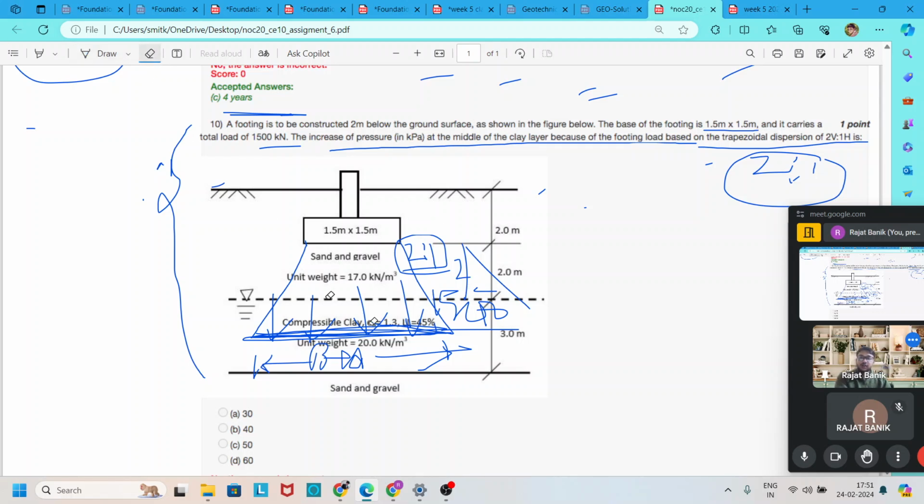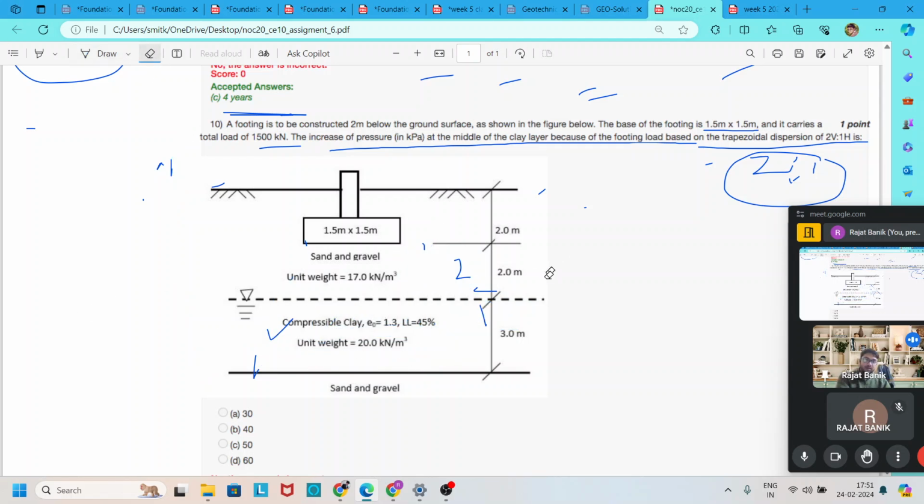I'm drawing it again. The load distribution is 2 is to 1 here and also here. At the middle of the layer, the load acting is 1500 kilonewton.